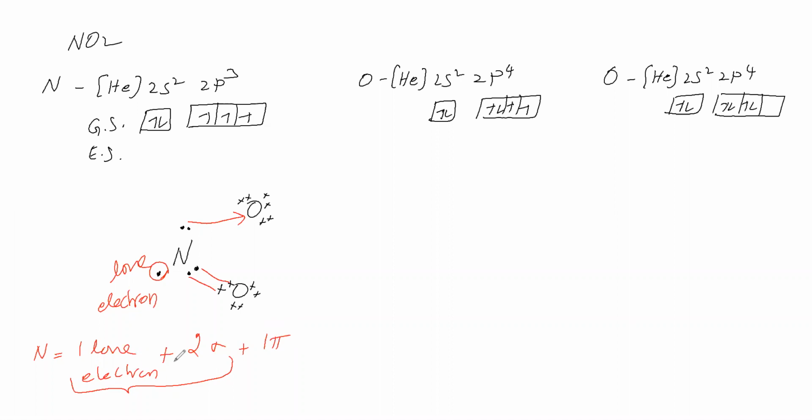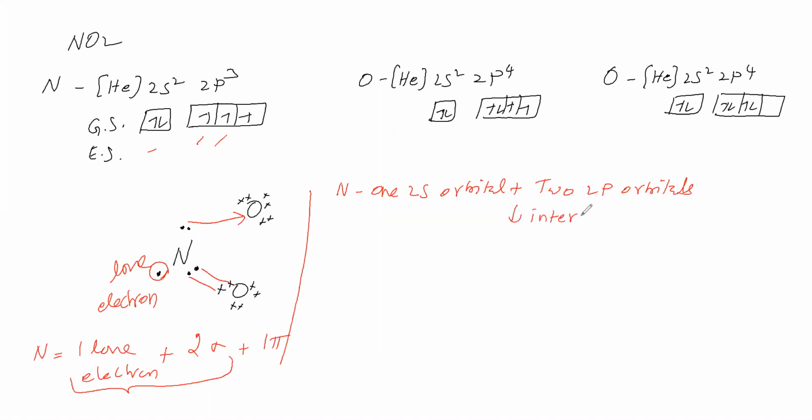Three hybrid orbitals means that from nitrogen three orbitals undergo intermixing. What are those three orbitals? One 2s orbital and two 2p orbitals undergo intermixing.